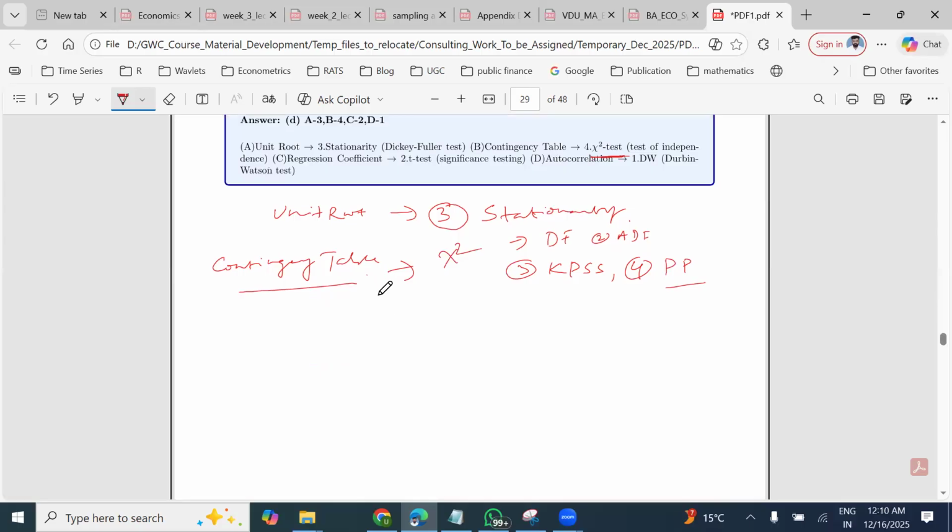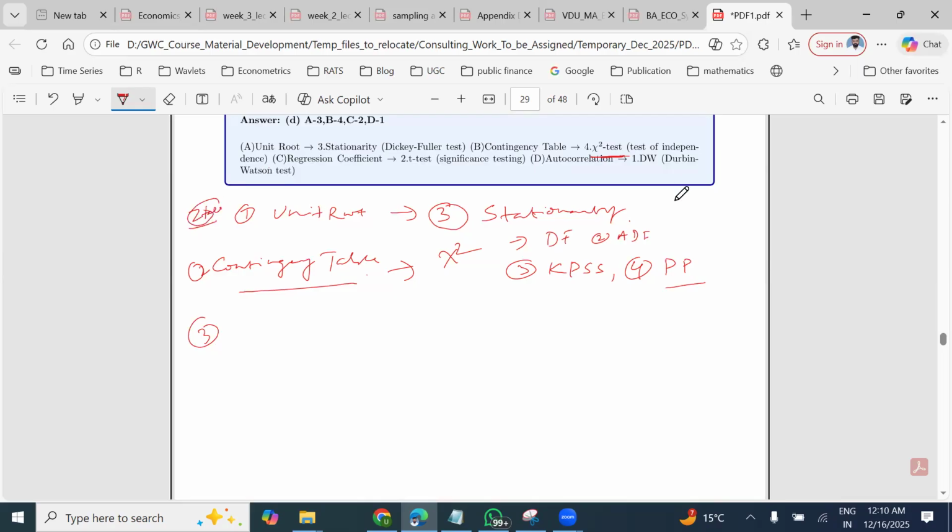Sir, what is the basic difference between a contingency table and a Z table? That is what I am telling, I will take this in the next class. But I am telling you the question is not correct. Z table and contingency table are completely different things.